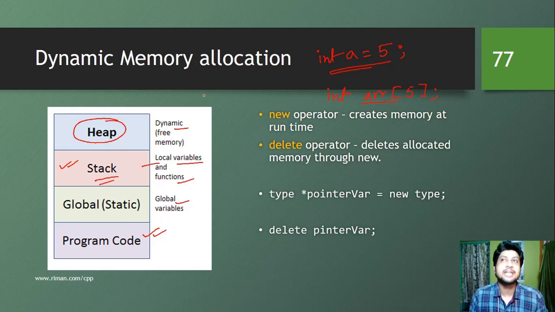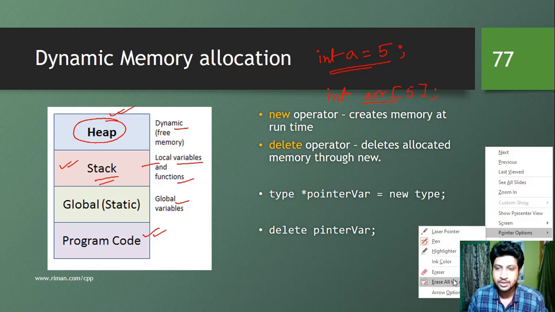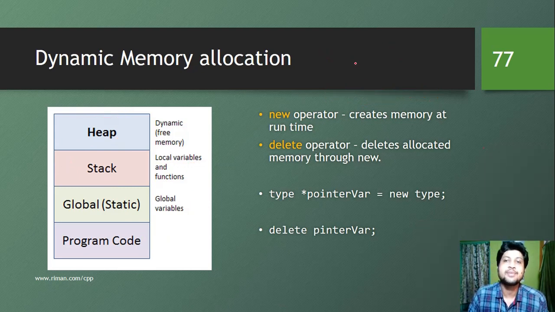And for dynamic memory allocation, the space that is used is this particular heap, which is dedicated for it. So in C we have two methods, malloc and calloc, that are used to allocate memory dynamically.